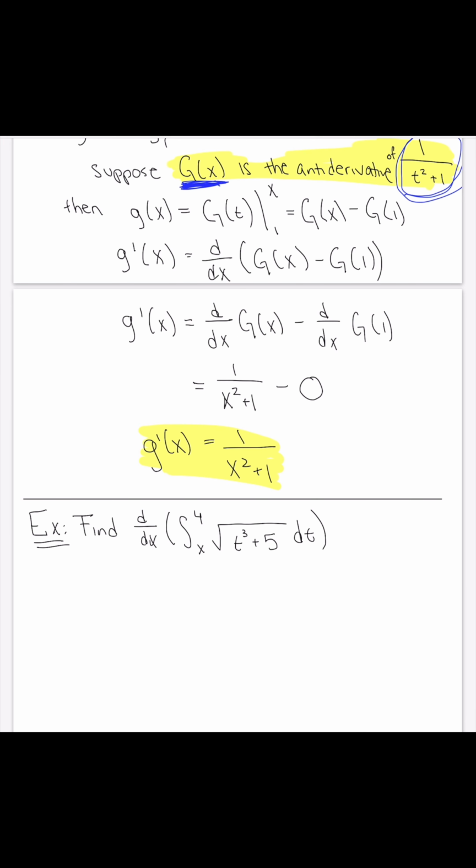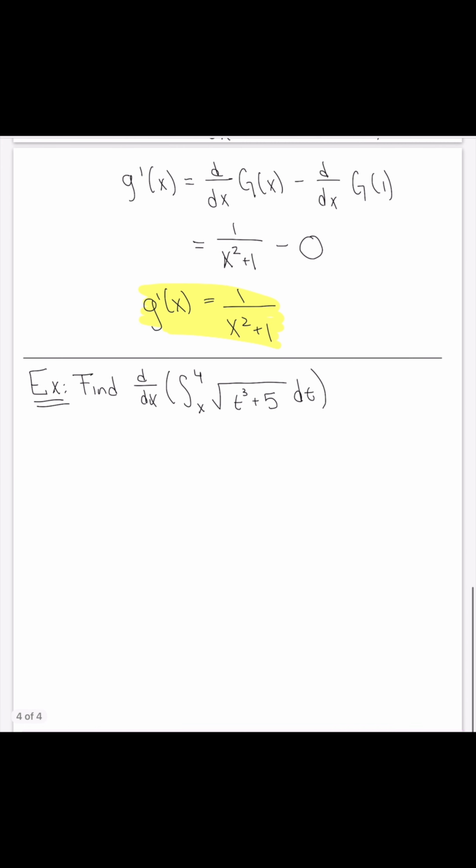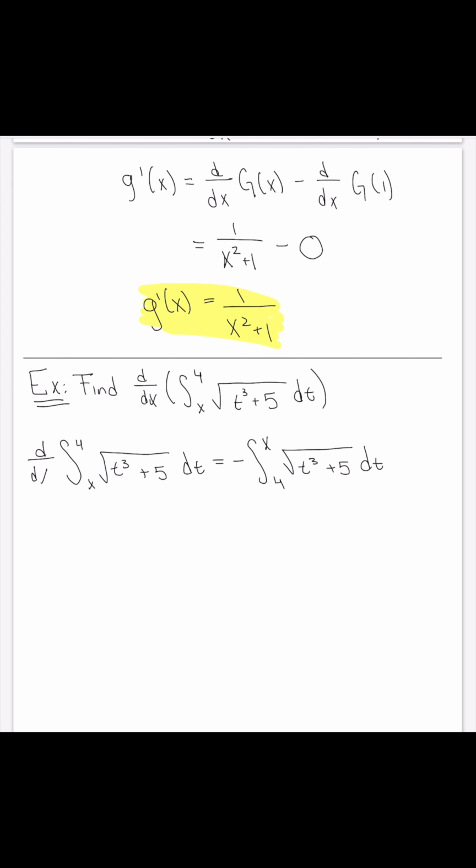Before we're able to apply the fundamental theorem of calculus, we have to use the property we learned in the last video. So what we're going to do is realize that this integral here is actually equal to negative the integral from 4 to x of the square root of t cubed plus 5. Remember, we can switch the bounds if we pull out a negative sign. Okay, let me move this over a little bit. Now if we want to find the derivative of this side, we do the derivative of negative the integral from 4 to x of the square root of t cubed plus 5 dt.